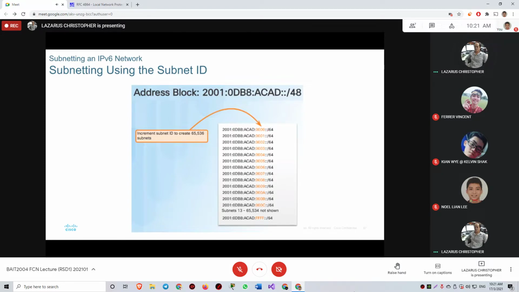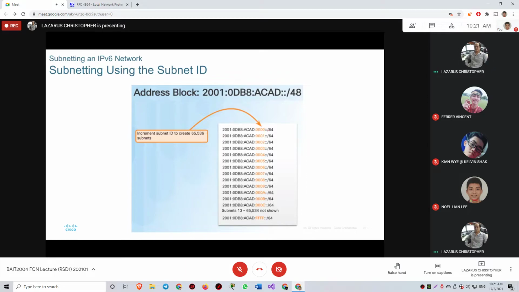Okay. If you're a home user, you probably will not use subnets in IP version 6. But if you're an organization, you might have more than one subnet, so you can then use the range from 0000 to FFFF to differentiate your subnets.